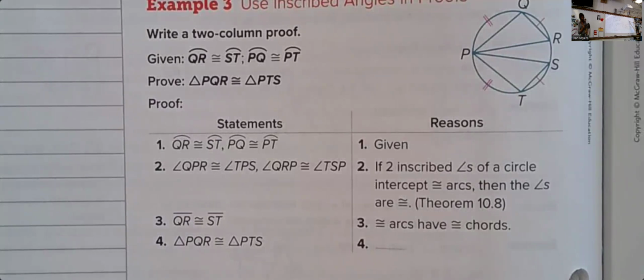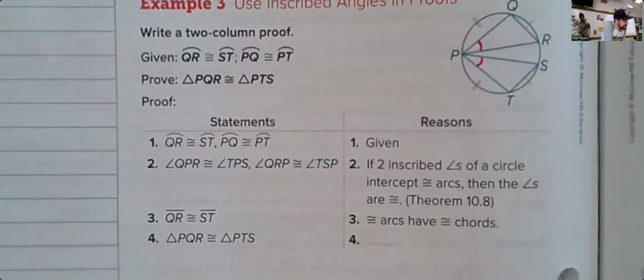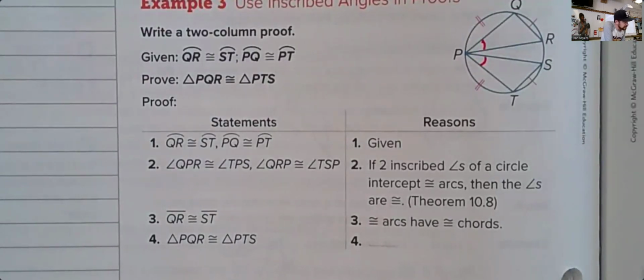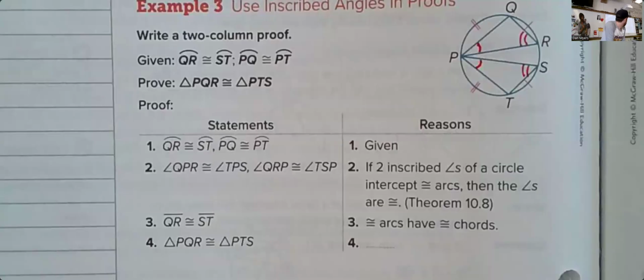Let's mark those on our diagram because they're not marked. Angle QPR is congruent to angle TPS, and angle QRP right here is congruent to angle TSP, which is this one here.